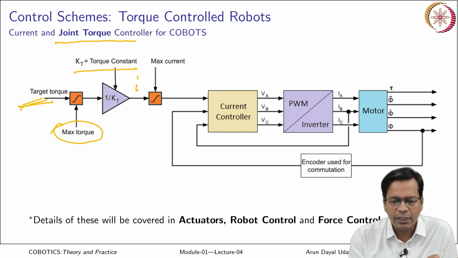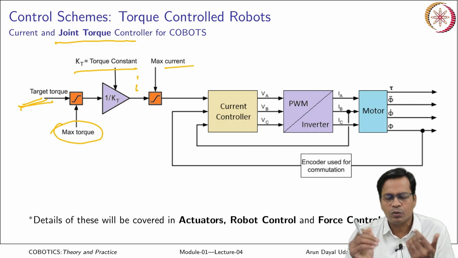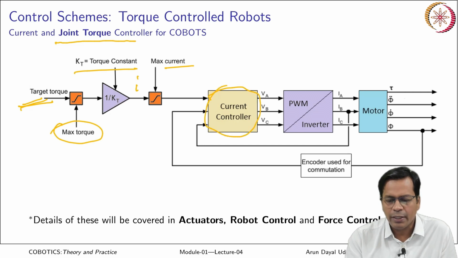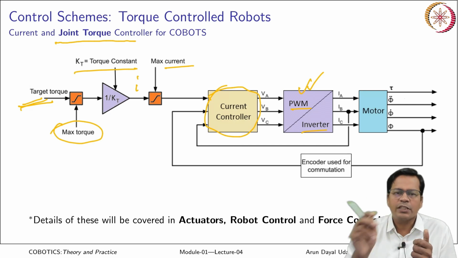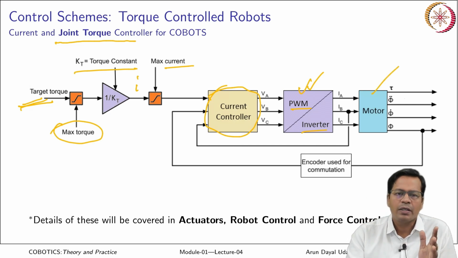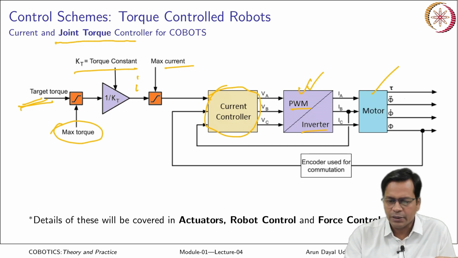Current again is checked for the maximum current that can go to the motor, so it is limited here, and then this current is finally controlled here, and accordingly the PWM inverter calculates the phase input that finally goes to the motor. It can be a BLDC motor or it can be a PMSM motor depending on that. So essentially it is controlling the current based on the torque input.